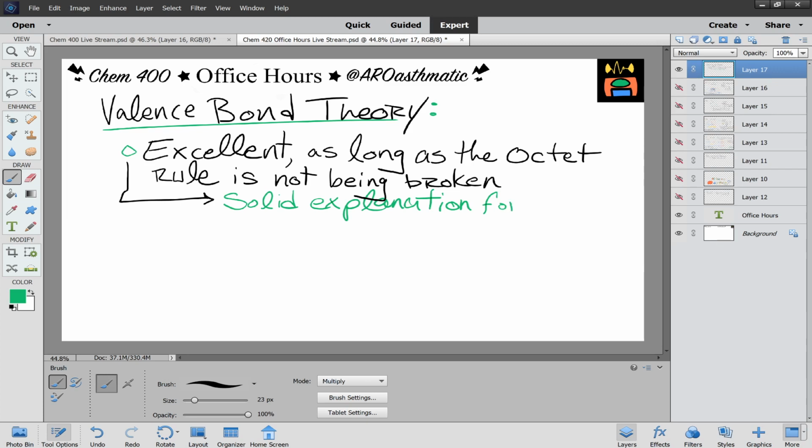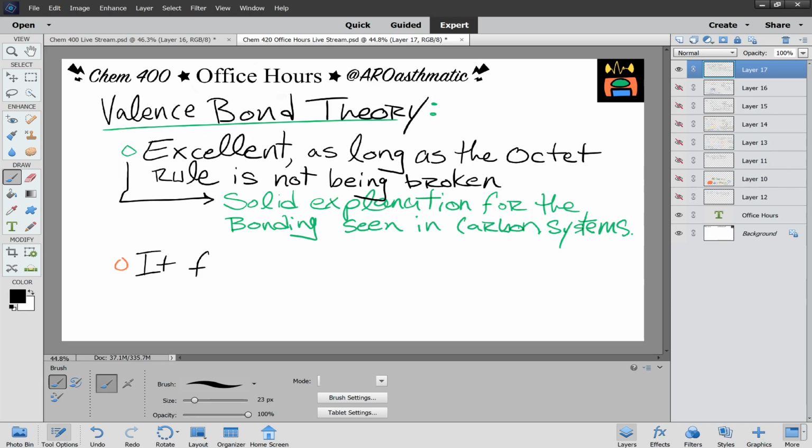For the bonding seen in carbon systems. Where valence bond theory fails is with expanded octets.